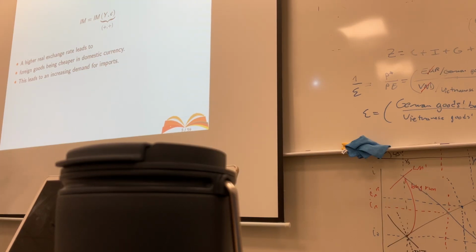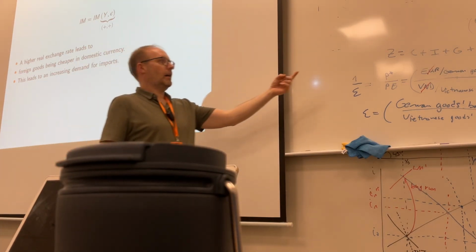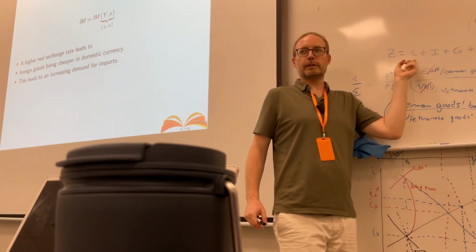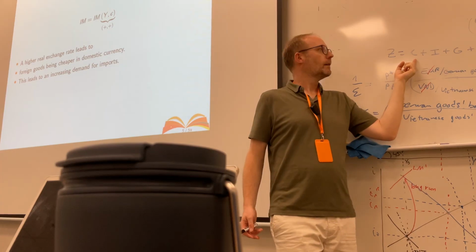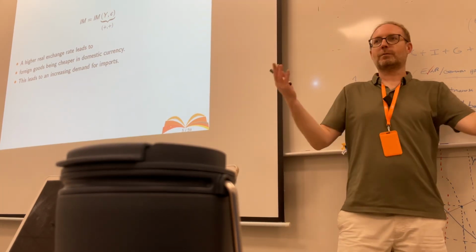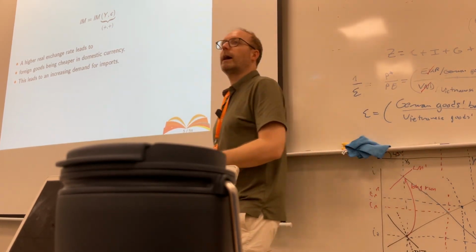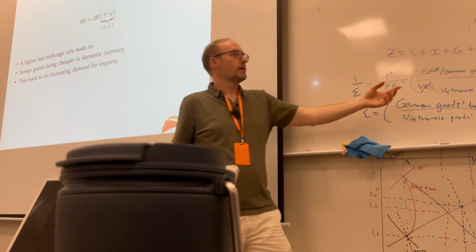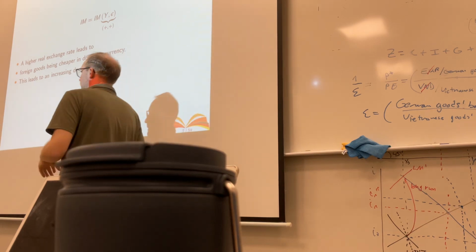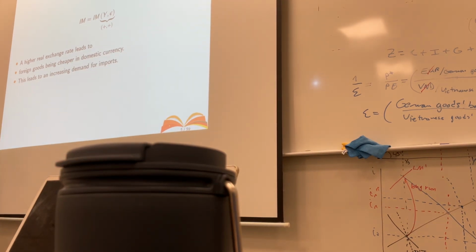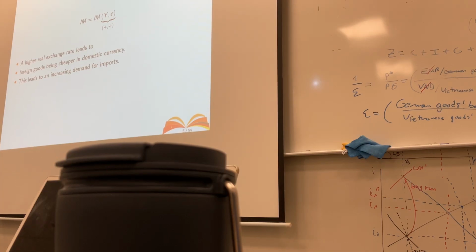As our income rises, our consumption of domestic goods increases, but we don't want to just buy more Vietnamese goods. We also want to buy more goods from abroad. When our income goes up, we want to buy a little bit more of everything. So our imports from China, from Germany, etc., would go up. Income goes up, our consumption goes up, of goods, not just Vietnamese goods, but Vietnamese and imported goods.